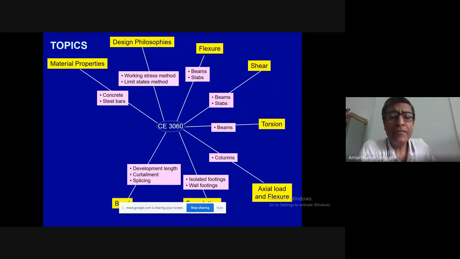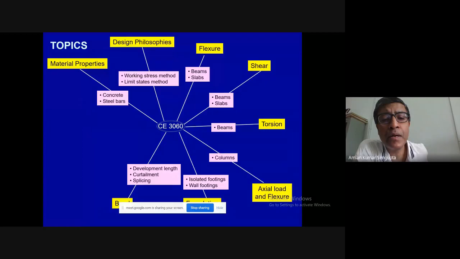Now, whenever we have two materials put together, we need to make sure that they act together. The reinforcing bars cannot slip inside the concrete. If they slip, then the purpose of reinforcing concrete gets lost. And hence, we need to be aware of a very special property between the steel and concrete, that is called bond.